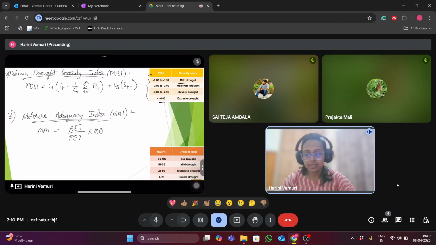The advantage is that the water balance calculations take into account soil characteristics, crop growth period, and water requirements of major crops. One more advantage is that drought is specified crop-wise on a real-time basis. The disadvantage is that we need a lot of data, so calculations are data intensive.